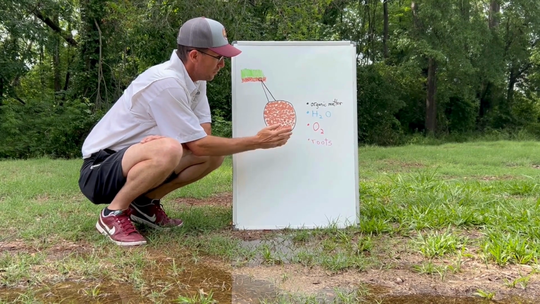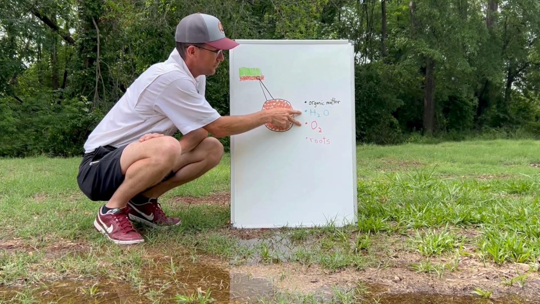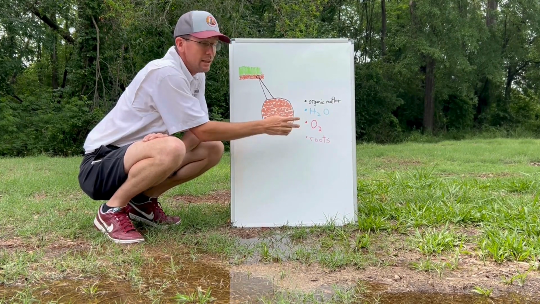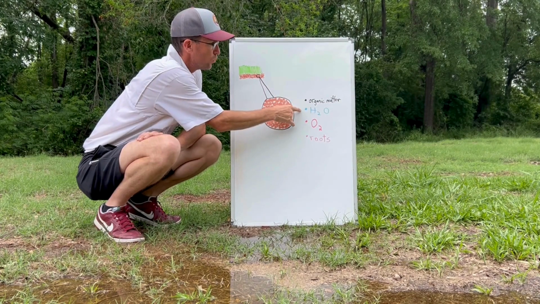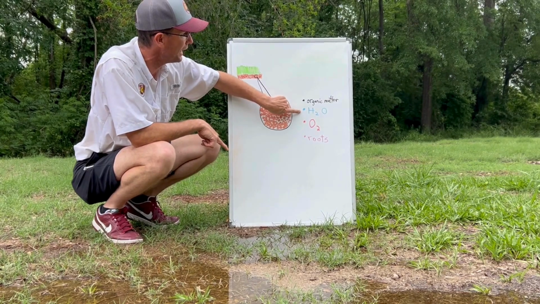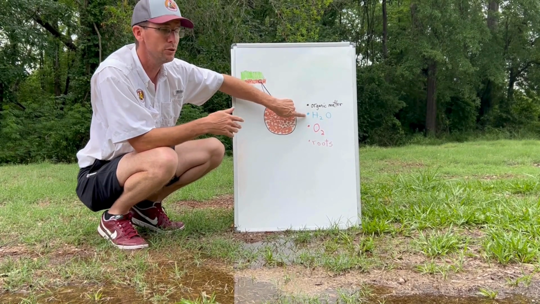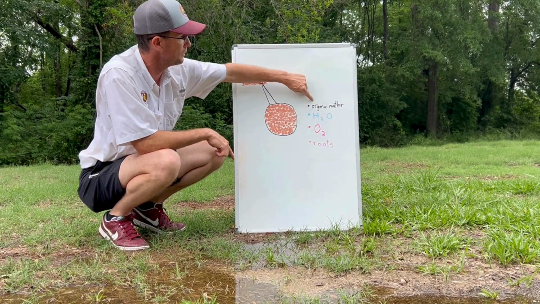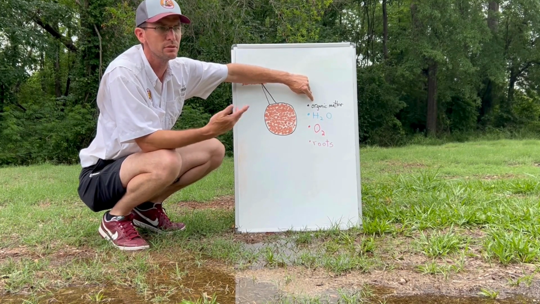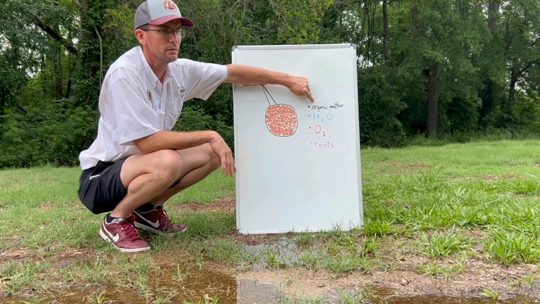I just wanted to mention, the two main things that your soil needs in those pore spaces are water and oxygen. In the summer, we really focus on the fact that it needs water, because the roots are in the pore spaces, along with hopefully some organic matter, which is mulched up leaves or mowed grass.